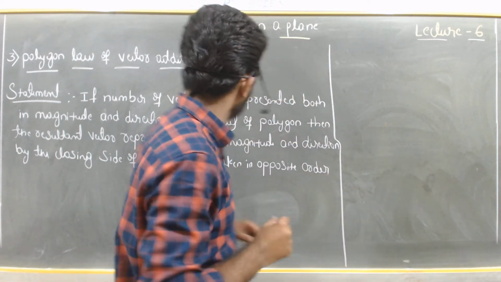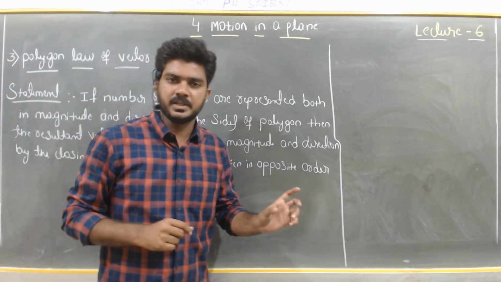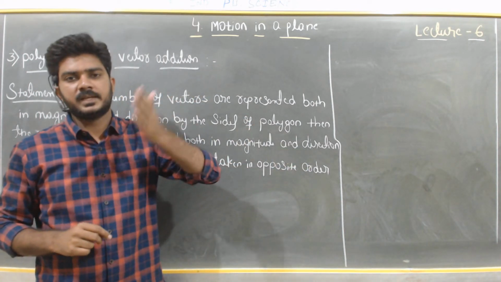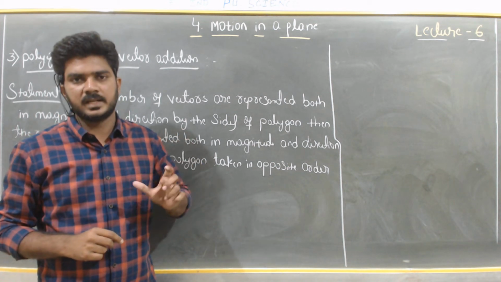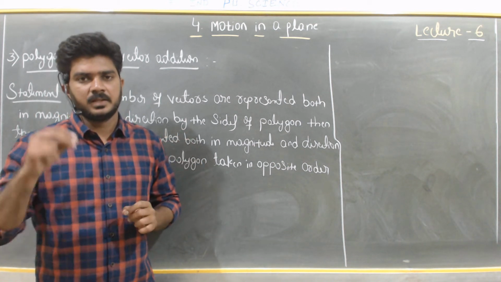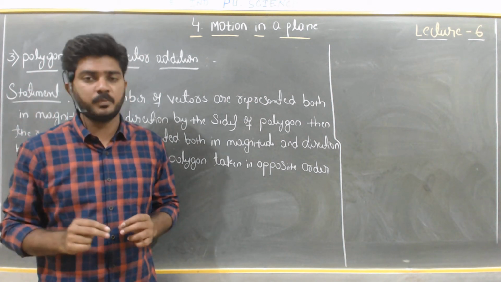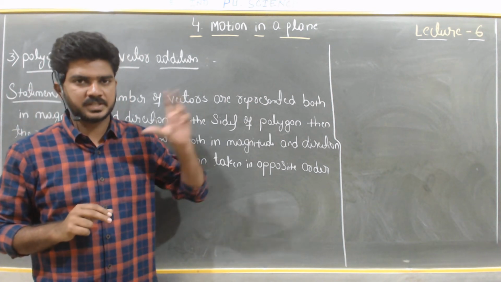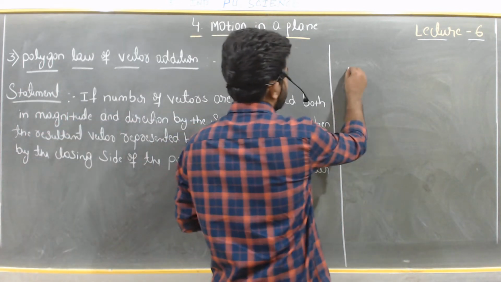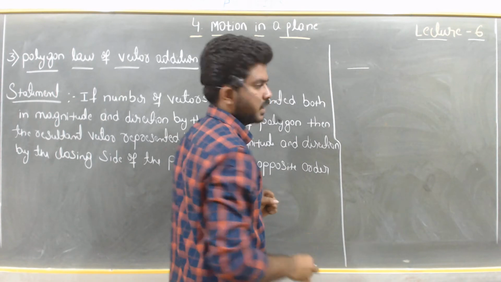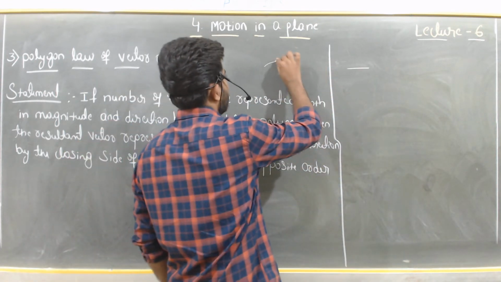As I have told you, polygon means what? Polygon is a structure having all the sides in straight lines, and all the sides have been closed. So that structure we call the polygon, right? For example, this is one side. The side must be straight, it should not be curved like this.